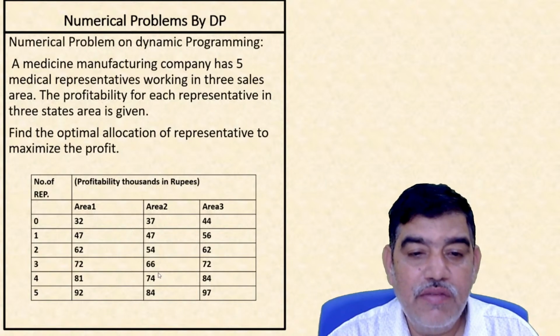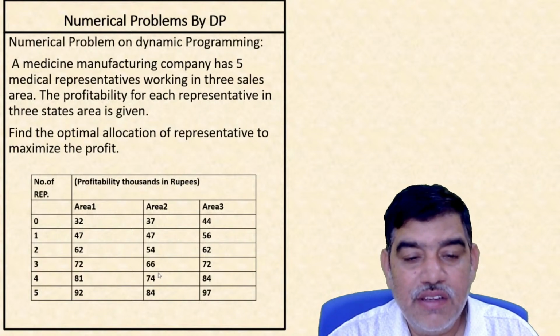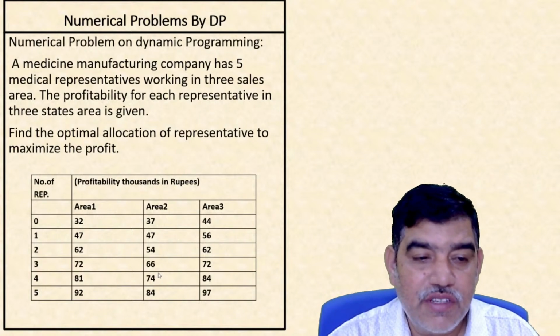If one representative is working in area 3, the profit is 56,000.